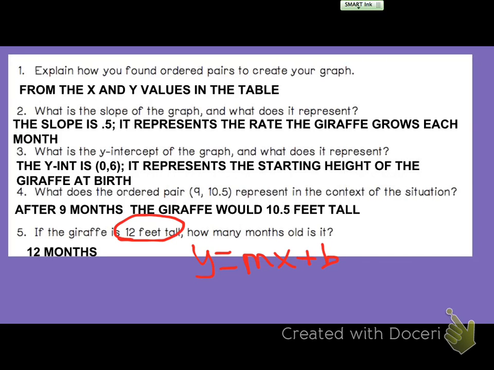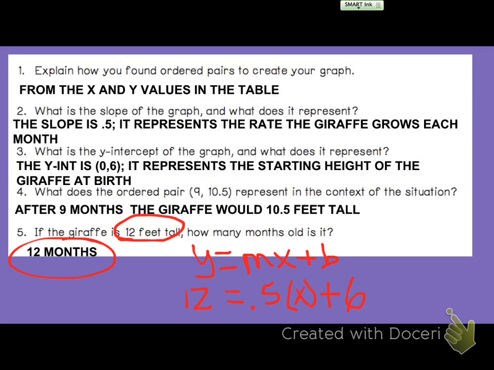this is going to be your y, so it would be 12 equals your slope, which is 0.5, and we don't know our x, plus b, which is 6. So that's how we're going to find out how old the giraffe is. And we know that it's going to be 12 months old.